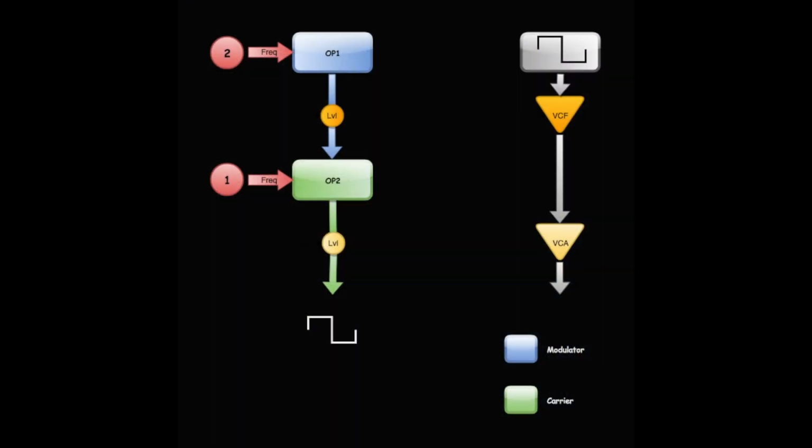If you change the modulator frequency to 2, so you have a ratio of 2 to 1, then you get a square wave.